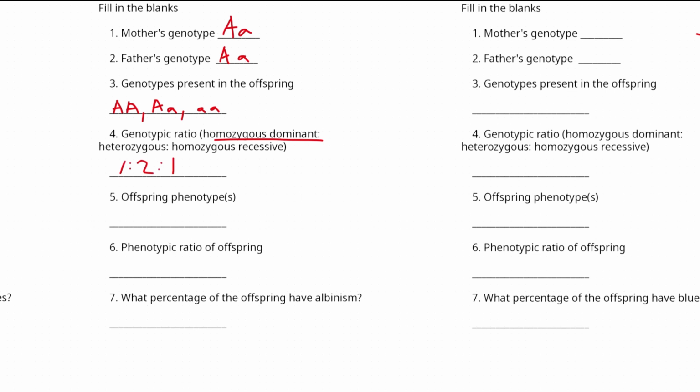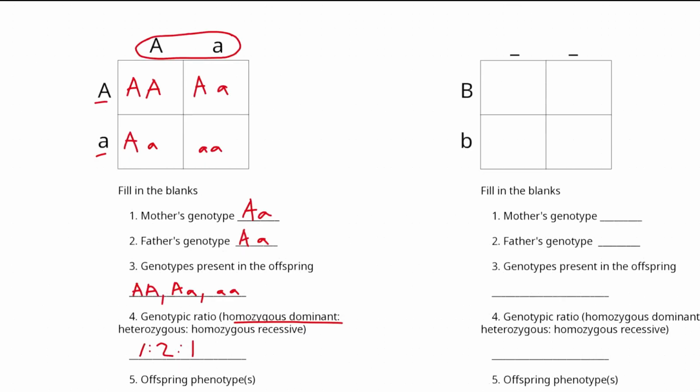Phenotypes of the offspring. If we look at our Punnett square again, we can see that three of them have at least one dominant allele. And because of that one dominant allele, these individuals would be considered normal. Only one individual would have albinism.